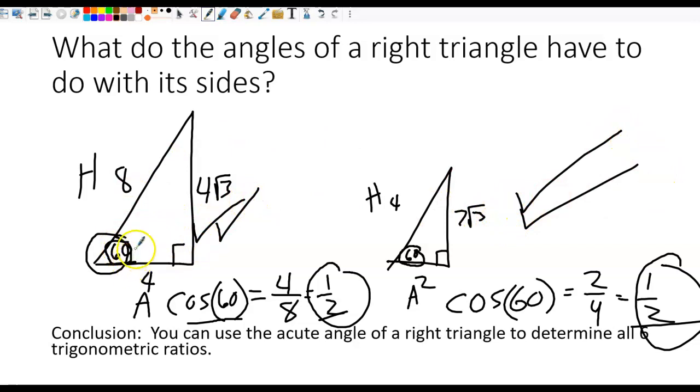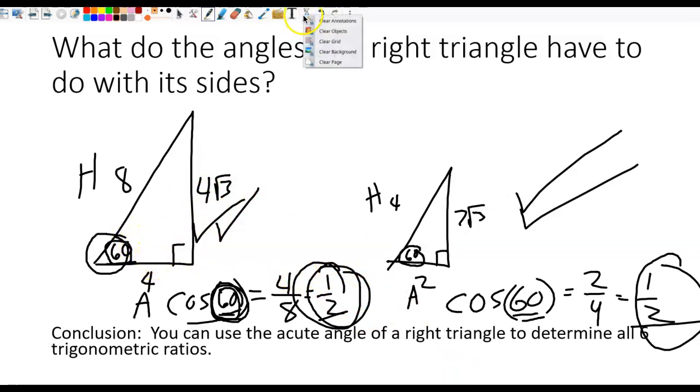Or cosecant, or secant, or cotangent. So in other words, it doesn't matter how big the triangle is. All that matters is that they have the same angles. Now because of that, that means that your angles can tell you what the trig ratio is, because it doesn't really matter how big the triangle is, it just matters what the angle is.